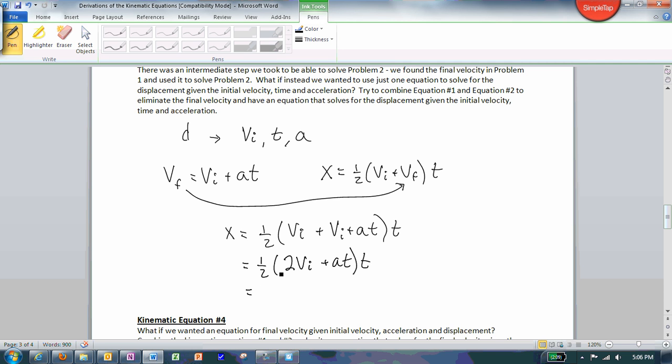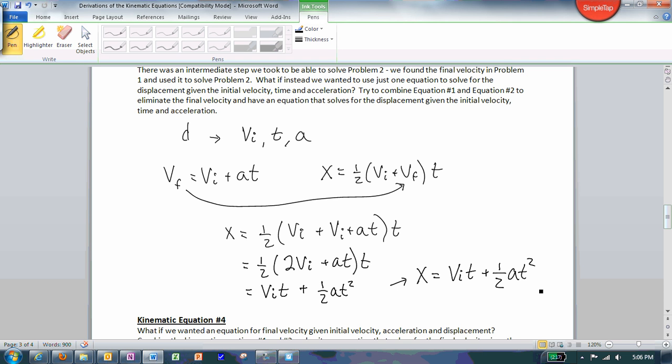So 1/2 times 2 vi times t is just vi t, plus 1/2 at times t, or 1/2 at squared. So our final third equation becomes x equals v initial t plus 1/2 at squared.